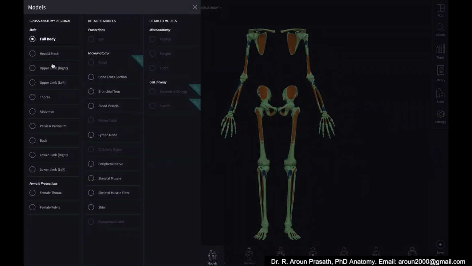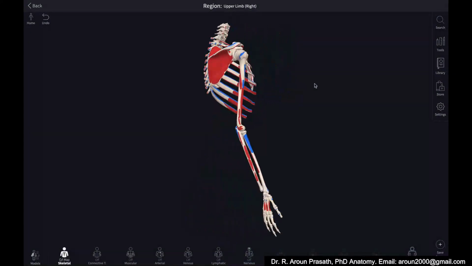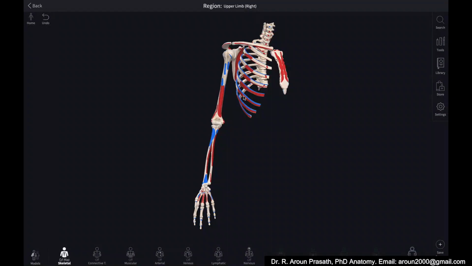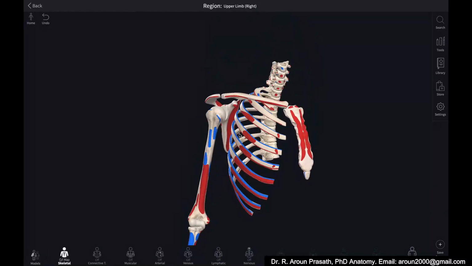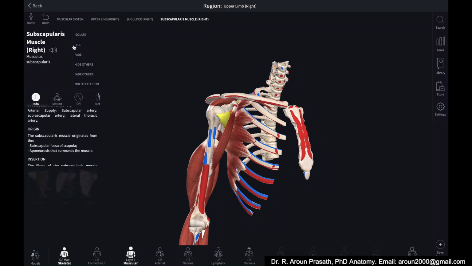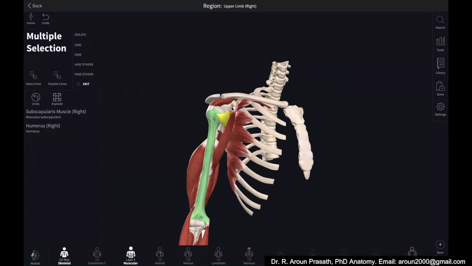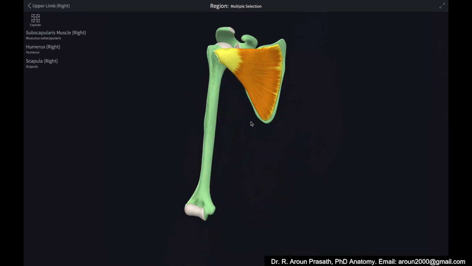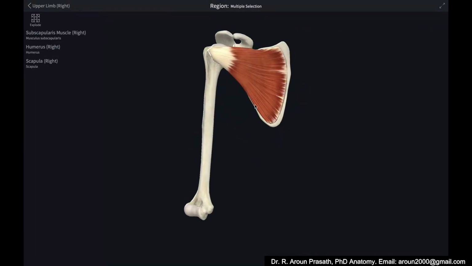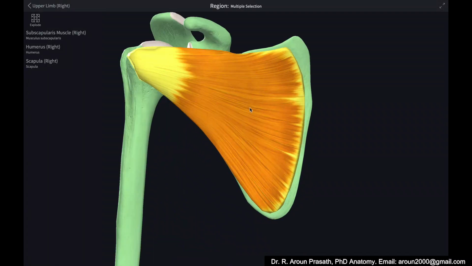The red color denotes the origin of a muscle. Take for example the subscapularis muscle.